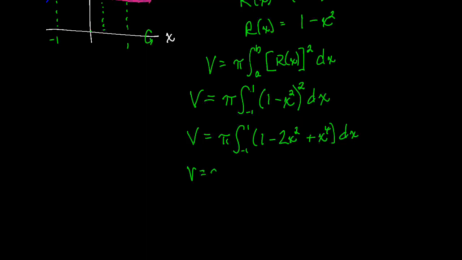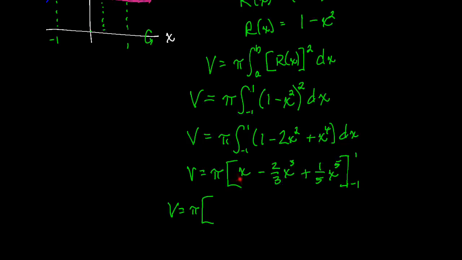So the volume equals pi times the antiderivative, which becomes x minus 2/3 x cubed plus 1/5 x to the 5th. And remember, we're done writing plus c because we know they always cancel out. What this means is to multiply pi times this whole expression with the 1 substituted minus this whole expression with the -1 substituted.